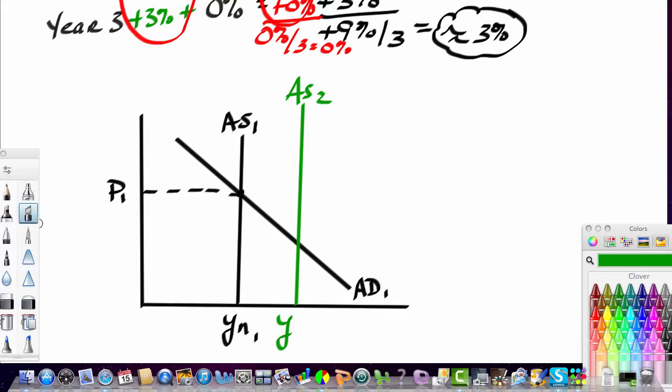My hand isn't following what I'm thinking here. And so this movement in aggregate supply is the 3% that we've been talking about. So YN, or aggregate supply, is growing at an average of 3%. Well, what do we want aggregate demand to grow by? We want aggregate demand to grow at roughly 3% as well.